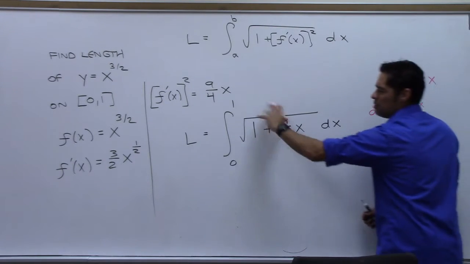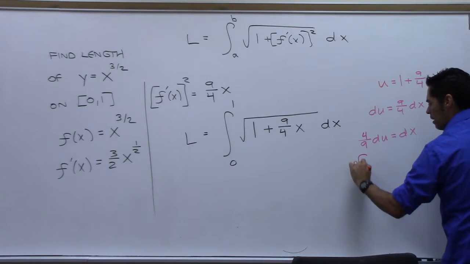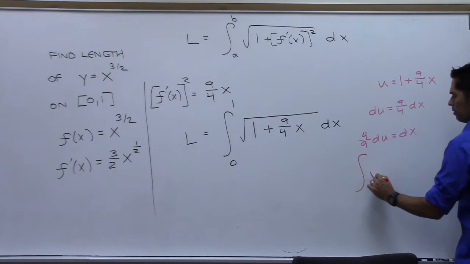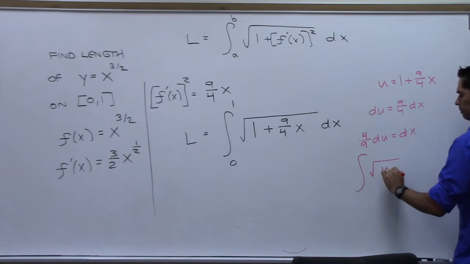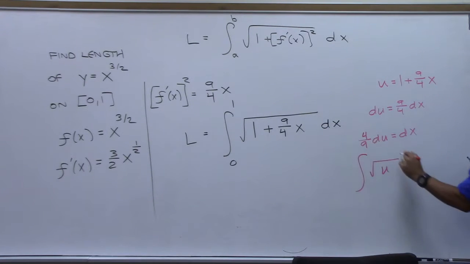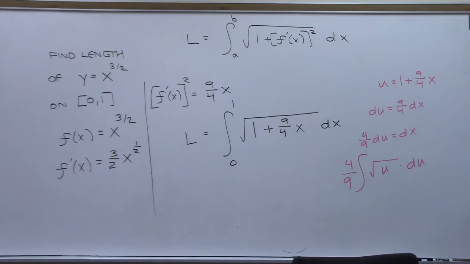See, I'm not going to do all the limits of integration and stuff yet. I'm just doing the work of integrating right now. This becomes integral square root of u, right? And then dx becomes 4/9 du, so like that. Do you all follow me? And what is the antiderivative of the square root of u?